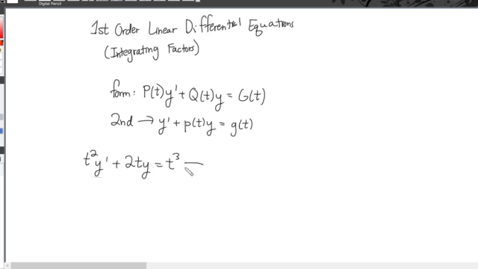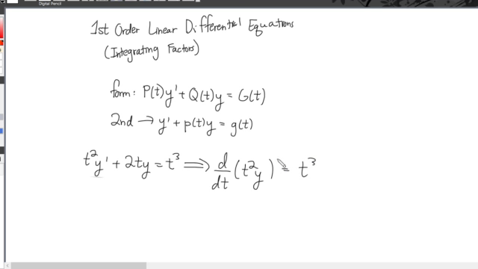So now we can rewrite this if we know what this is the differentiation of, and just looking at it, it appears to be the differentiation of t squared times y. So we can rewrite the left side now as the derivative with respect to t of t squared times y, and the right side is still t cubed.